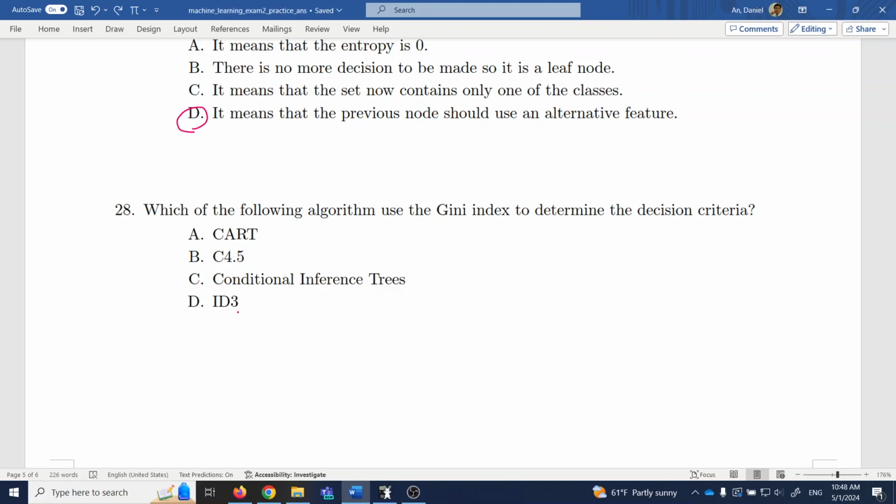So ID3 is the tree algorithm that makes use of the entropy, and C4.5 is an algorithmic improvement over ID3, but it still uses the same entropy. CART is another version of a tree where instead of using the entropy, it uses the Gini index. So it's going to be A.